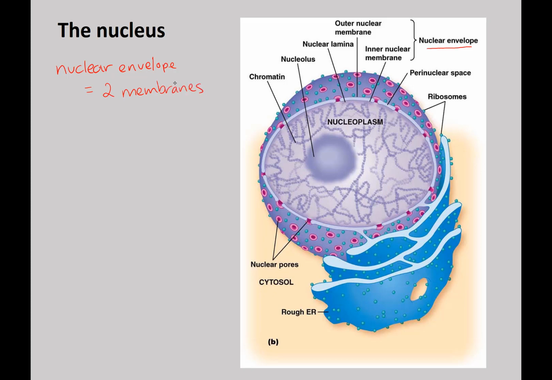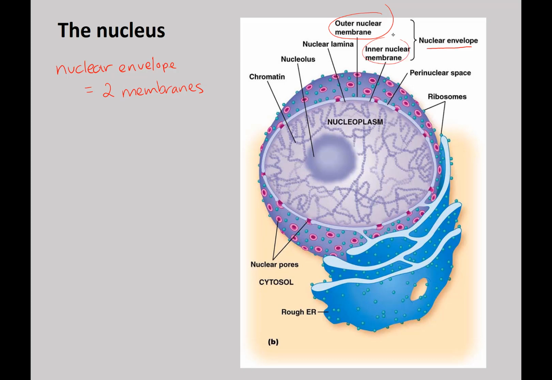Most of our organelles only have one membrane, except for those that we believe have come into the cell through the theory of endosymbiosis, like the mitochondria and the chloroplast. Those are also double-membraned organelles. Okay, so there's an outer nuclear membrane and an inner nuclear membrane.